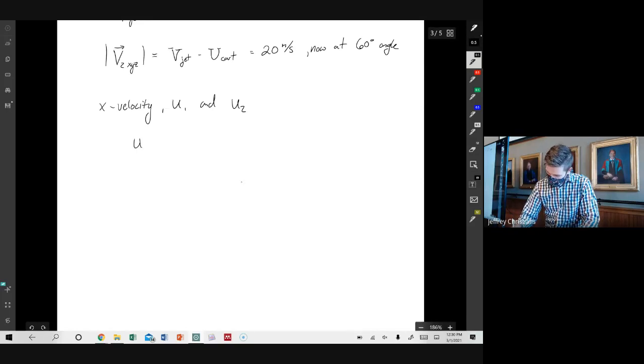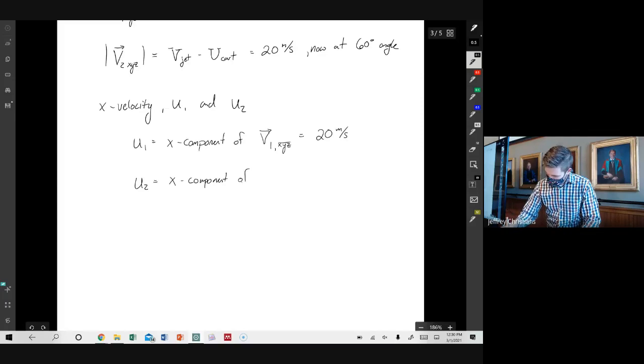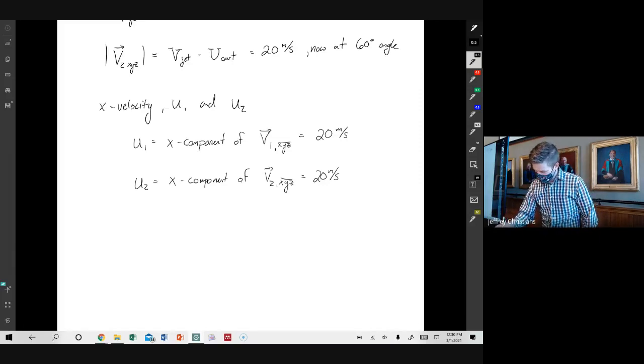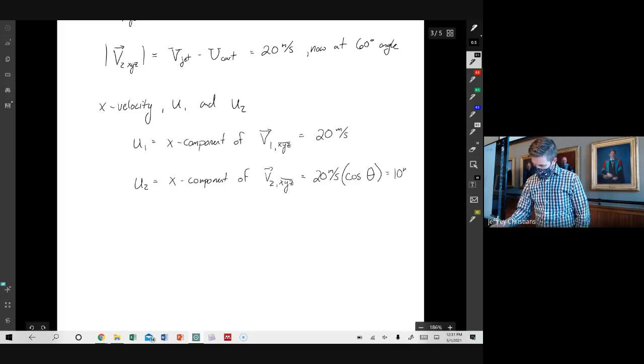So little u1 is going to be equal to the x component of V1, which is just 20 meters per second. u2 is the x component of V2, which is 20 meters per second, but it's at an angle, so times the cosine of theta, which is cosine 60, which is 0.5, so that's 10 meters per second.